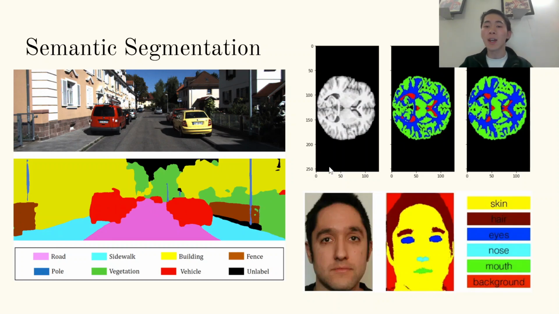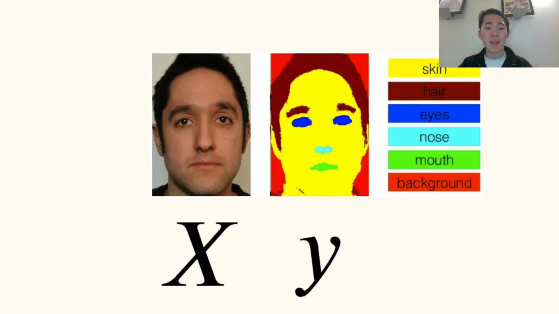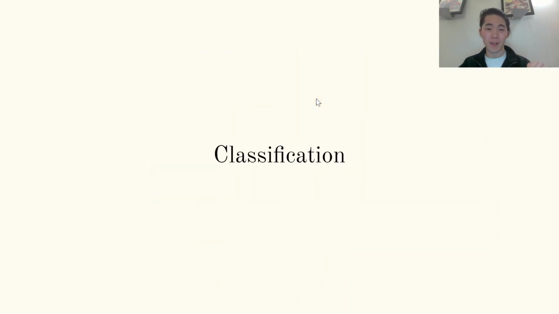It's also useful in brain MRI scans, where you can detect tumorous regions or regions that the doctor should pay more attention to. And the data set will look like X is the original image, and Y is the modified version of that image with different pixels having different values or different colors.